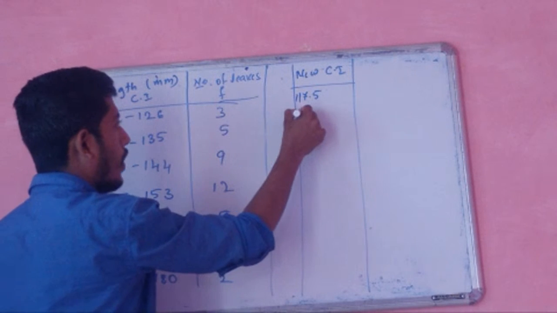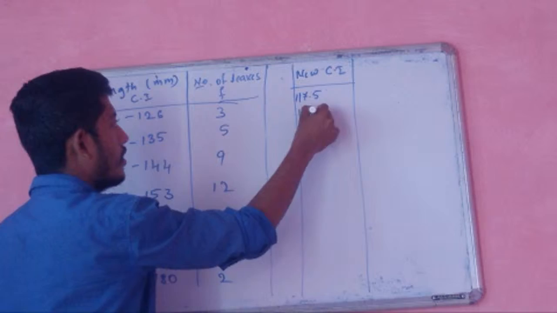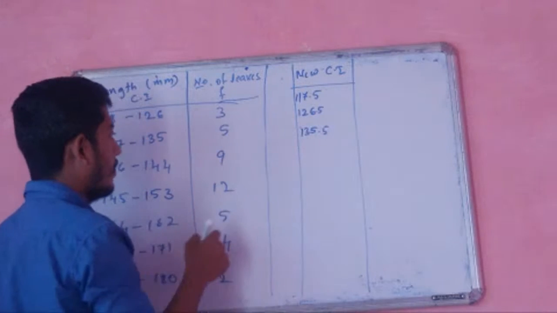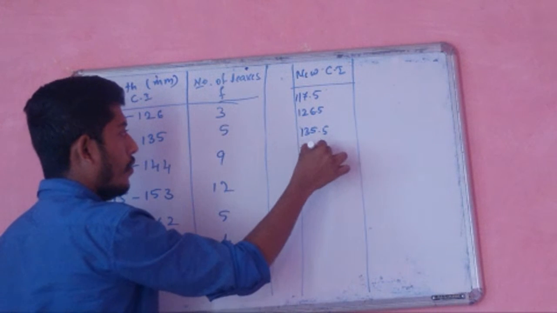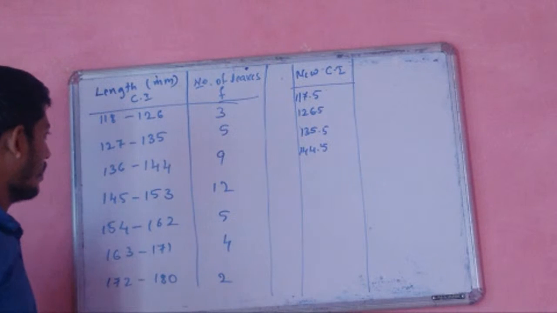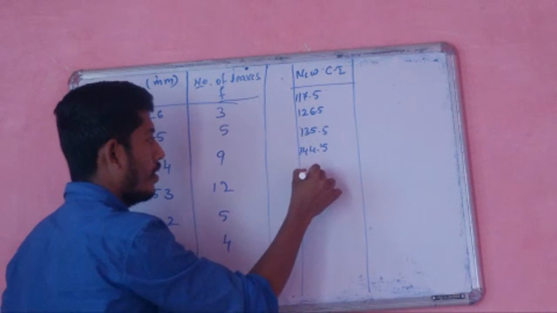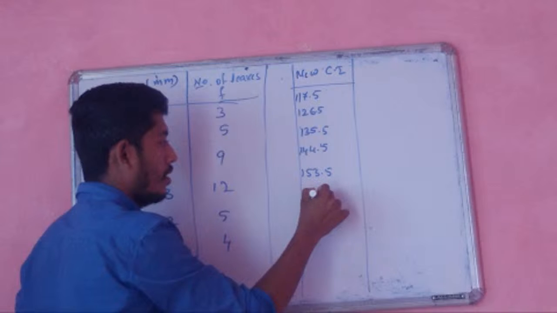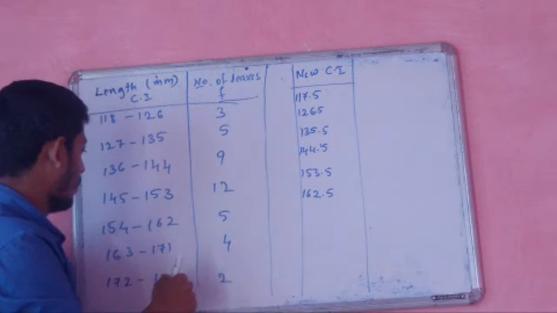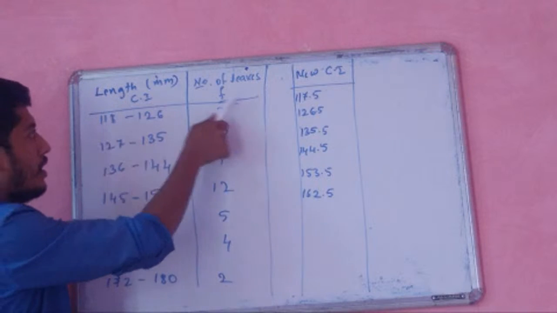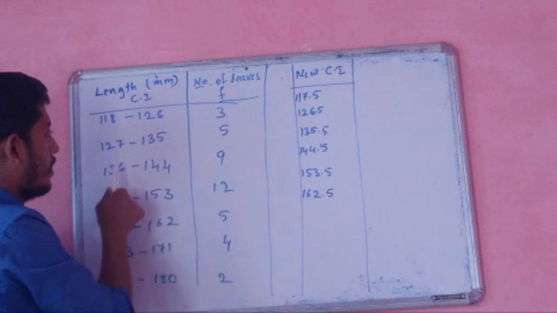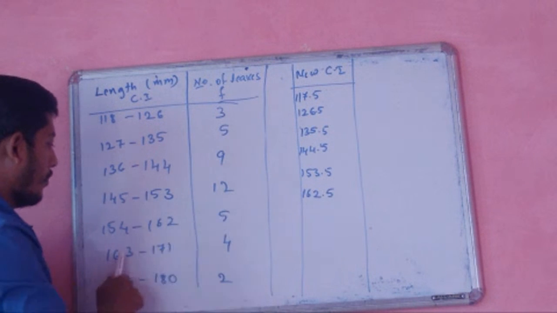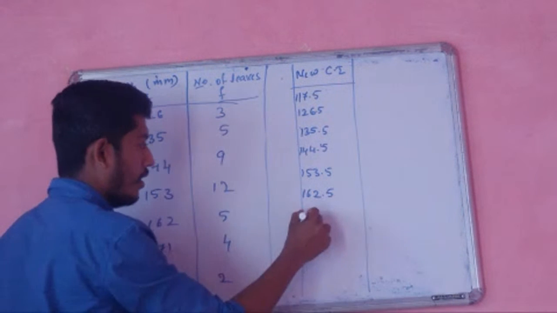The next, 126.5, then 135.5, then 144.5, then 153.5, then 162.5, then 171.5.